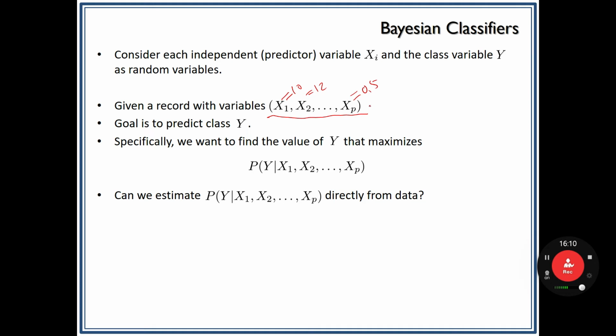And in the classification task, our goal is to predict the class of this new observation, right? Specifically, we want to find the value of y, the class label, that maximizes this conditional probability. In fact, this one is also called the posterior probability.